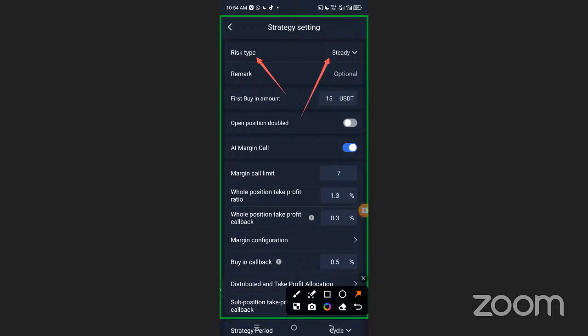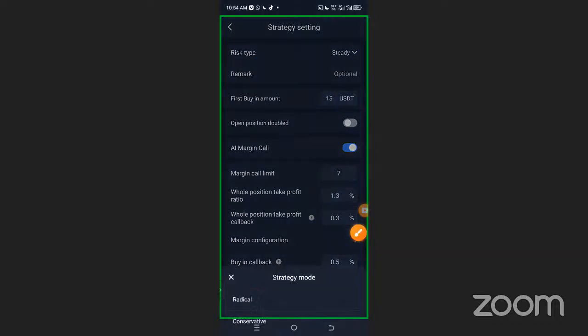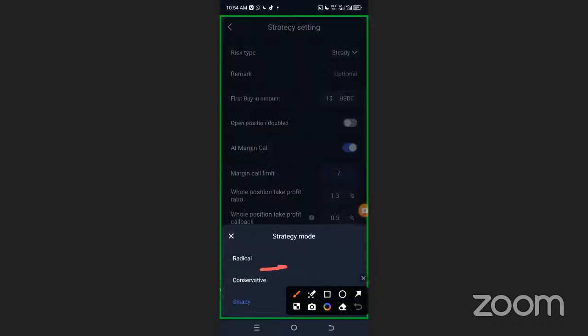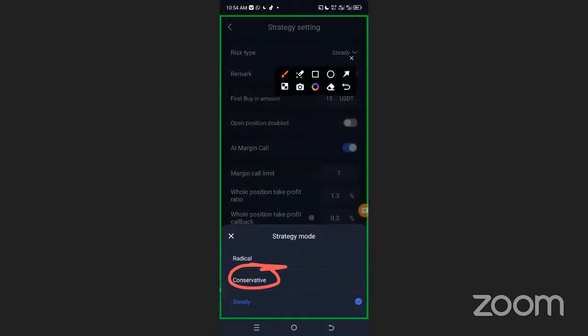When your robot's risk type is in conservative, I don't know why, but always when I meet iPhone users, I find you in conservative. So change from conservative. Click here, then change from conservative and put steady.